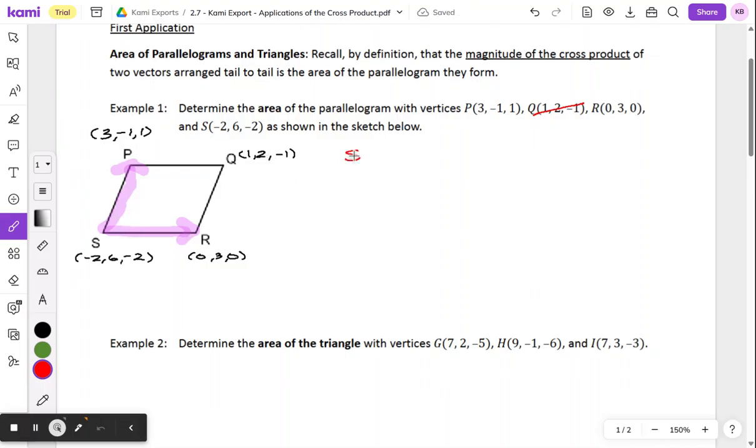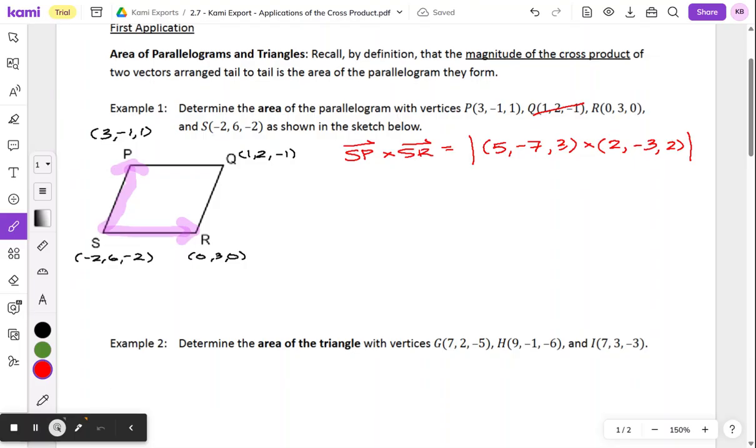I'm going to be finding the cross product of SP, remember tail to tail, so SP and SR. Remember, we have to find the individual vectors, then we have to calculate their cross product, and then in the end, we have to find their magnitude. So there are quite a few steps here. The first thing I'm going to ask you to do is to just find the vectors SP and SR. So I will pause for a moment. You can do the same.